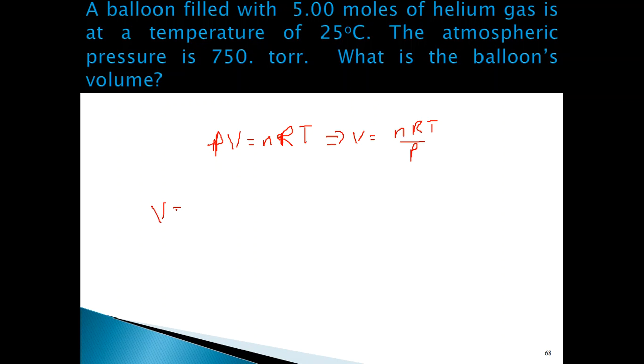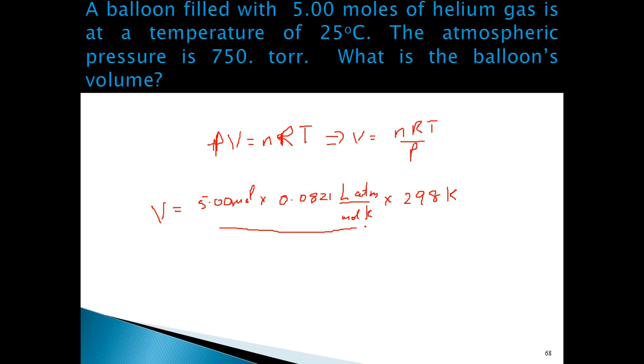So for the volume, the number of moles is 5.00 moles times R, which we said is 0.0821 liters atmospheres over mole Kelvin, times the temperature. Now the temperature is 25 degrees, so we have to convert that to Kelvin. When we add 273 to 25, we get 298 Kelvin.